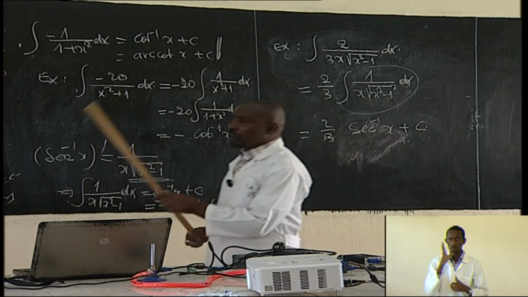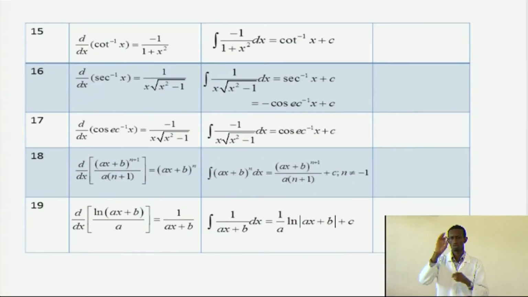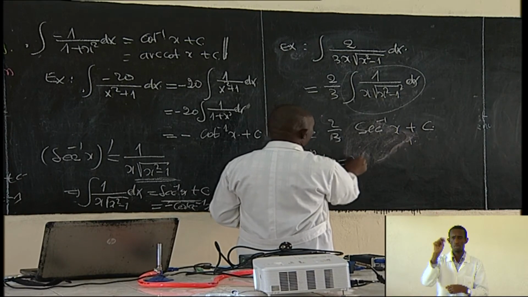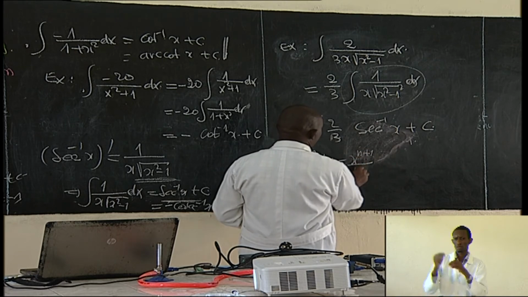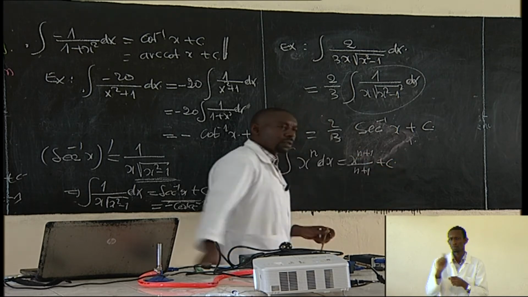Let us move on to the other formula. This is somewhat different from what we have here, because these were integrals corresponding to inverse trigonometric functions. Then this is a linear function. Remember, when you have the integral of x power n dx, this is equal to x power n plus 1 divided by n plus 1 plus c.